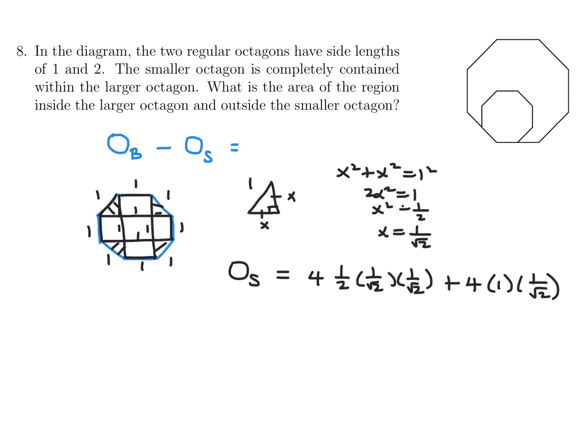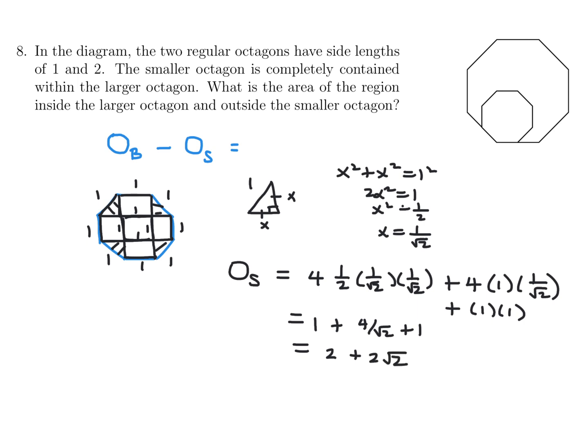Is that right? Yeah. And then, of course, we have the square in the middle, and that's a 1 by 1 square. So this is, if I've done this properly, 1 plus 4 over root 2 plus 1. So that's 2 plus, if you rationalize the denominator, 2 root 2.